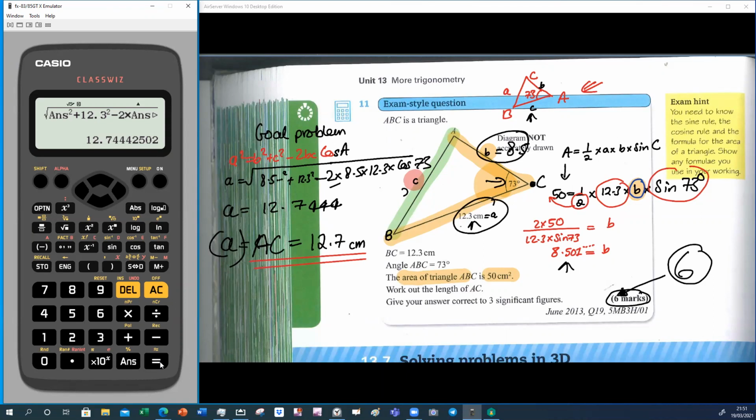Because the answer button will pull up this original value here, the 8.501, blah, blah, blah. Okay? Right, so that's an exam style question, which had an area part in the beginning, followed by the cosine part at the end, and they didn't tell you which parts you have to use. You have to know that yourself. And that's how we do this question.